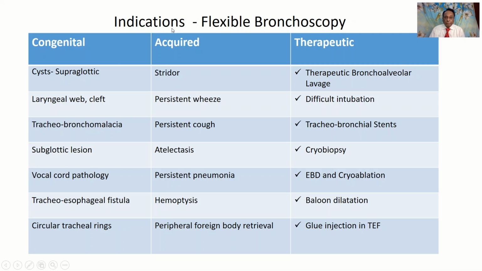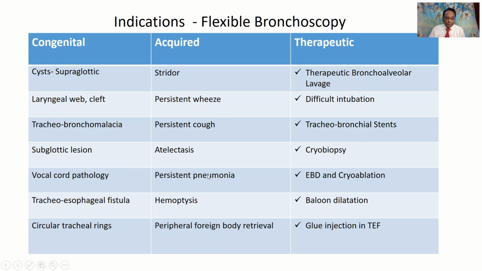All these are possible only with flexible bronchoscopy. Even with imaging, even with reconstructive imaging, you cannot make these diagnoses; they are possible only by directly seeing the structures. Then you can make a diagnosis.